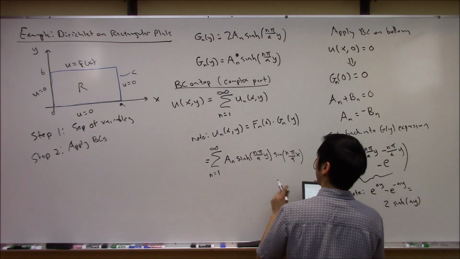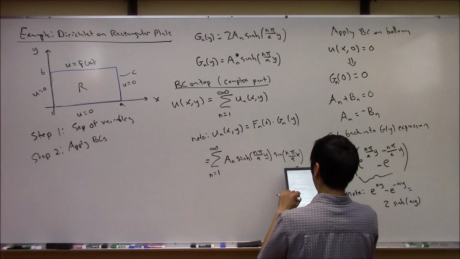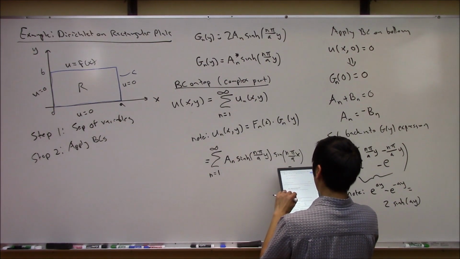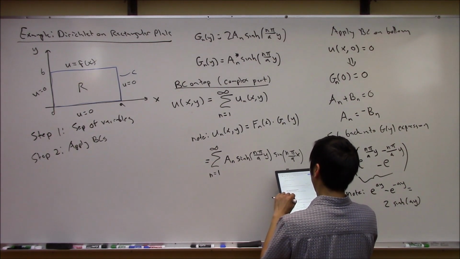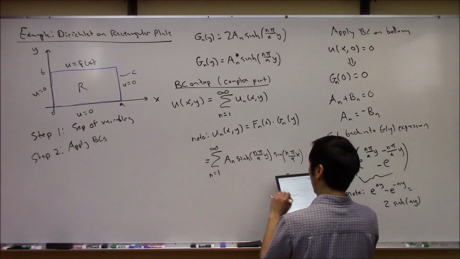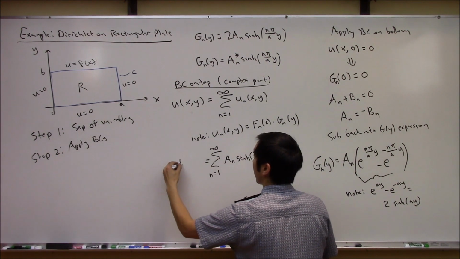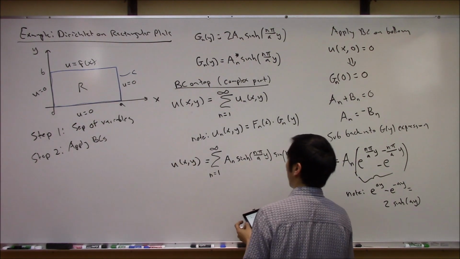Wait, I want to make sure I got that right. a_n sine n pi over a x, hyperbolic sine n... no, okay, I did get that right. Okay, great. So here is our candidate solution for the whole thing.